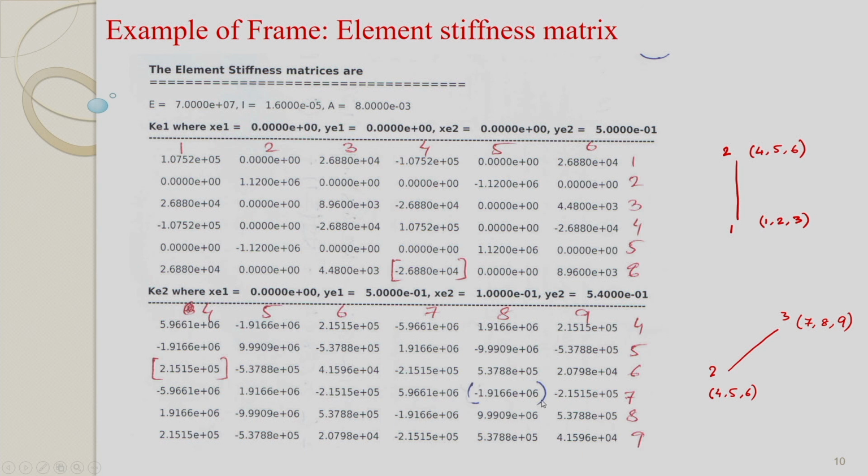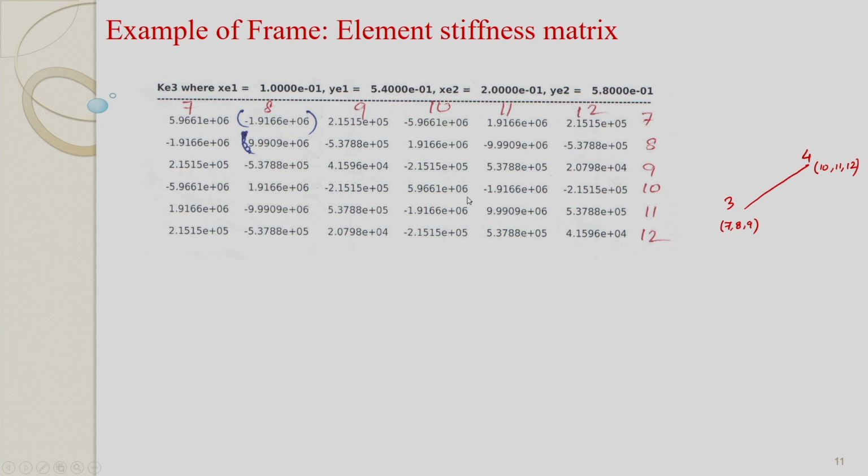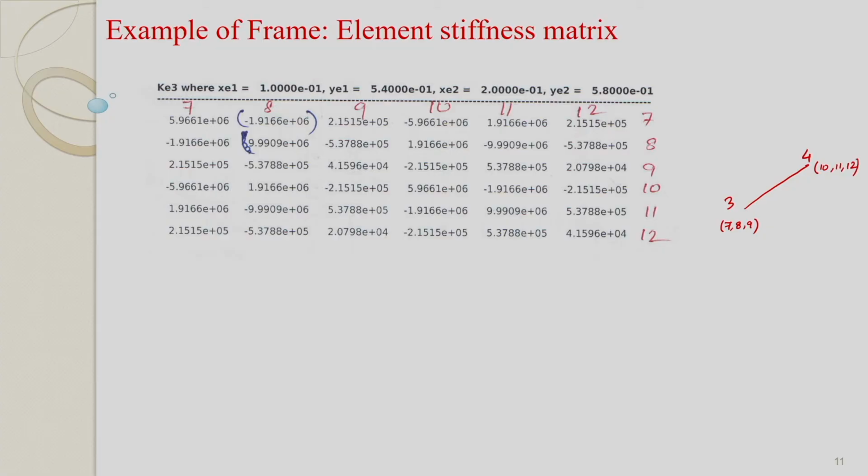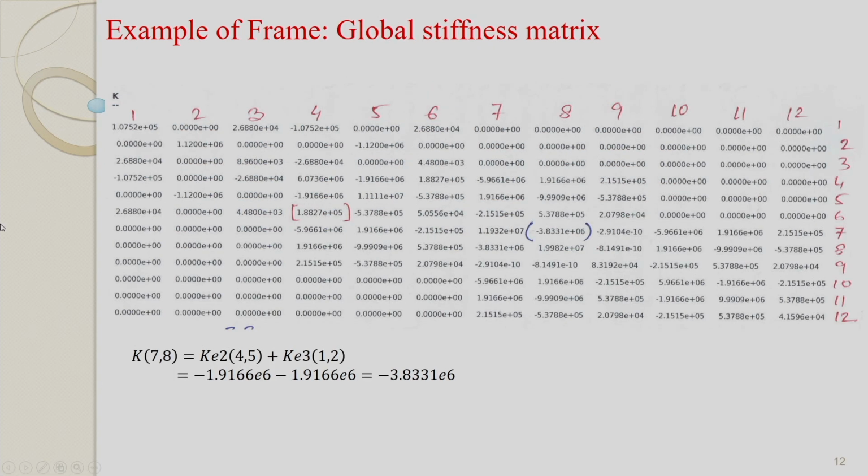This term, that is Ke2 4, 5 and also Ke3 1, 2, that is also the same degree of freedom. If we add these two terms, I denoted by this blue bracket, then finally we have this term in global K. This is our usual assembly operation.